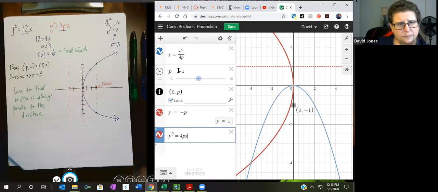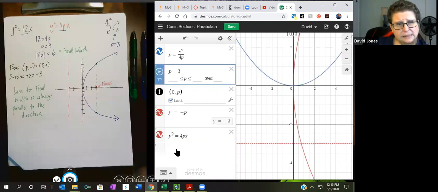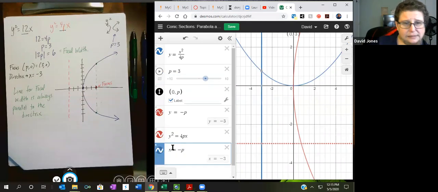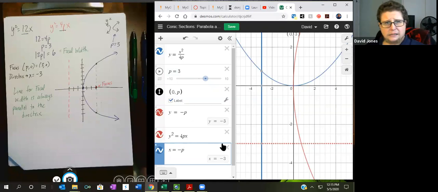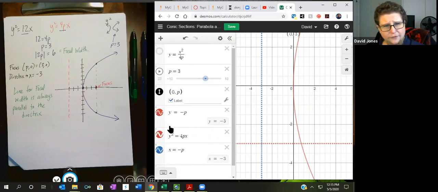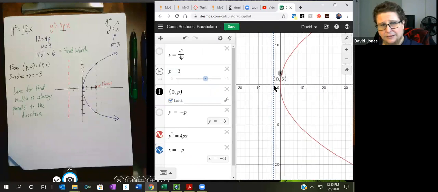P is 3. And now we want x equals negative p. We'll turn off that one. And now we can see what's going on here.